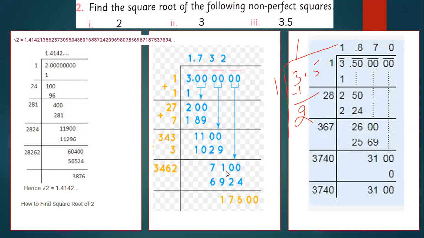So from the decimal point, you have to bring the pair down. There is 3.5, so just put there 0. Put 0 and there will be a decimal. Bring that down, so this becomes 50. So this will be 250. Now you can do that.